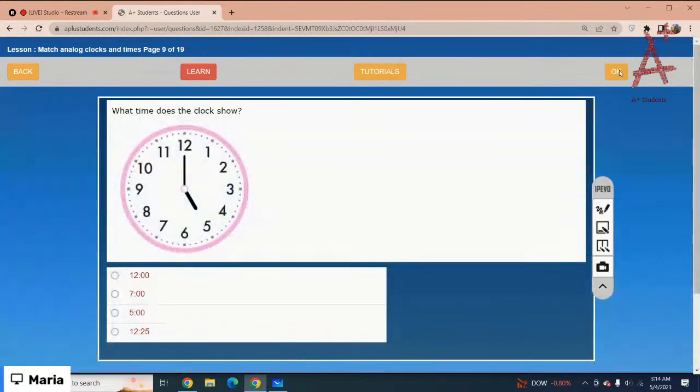Okay, what time does the clock show, which is the correct option? No, it would be 5. You can see the shorter hand points to 5 and the larger hand points to 0. So it would be 5. The correct option is 5.